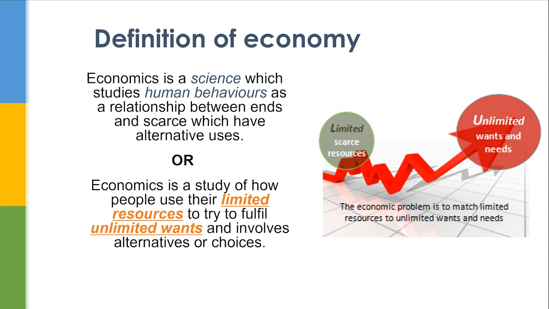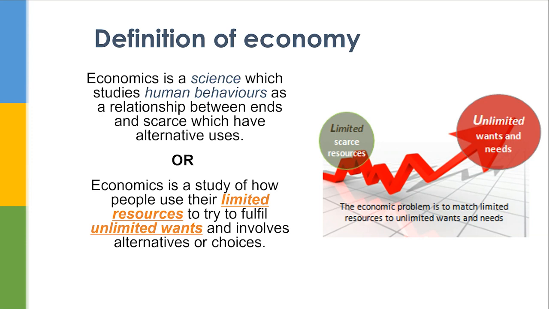Okay, or economics is a study of how people use their limited resources to try to fulfill unlimited wants and involve alternatives or choices. So actually maksud dia lebih kurang sama saja. Ada perkataan limited resources, which is scarcity. Maksudnya kita kekurangan resources to try to fulfill unlimited wants. However, you have so many desires, so many things that mungkin as a human being we actually experience, and we have so many things that we want.